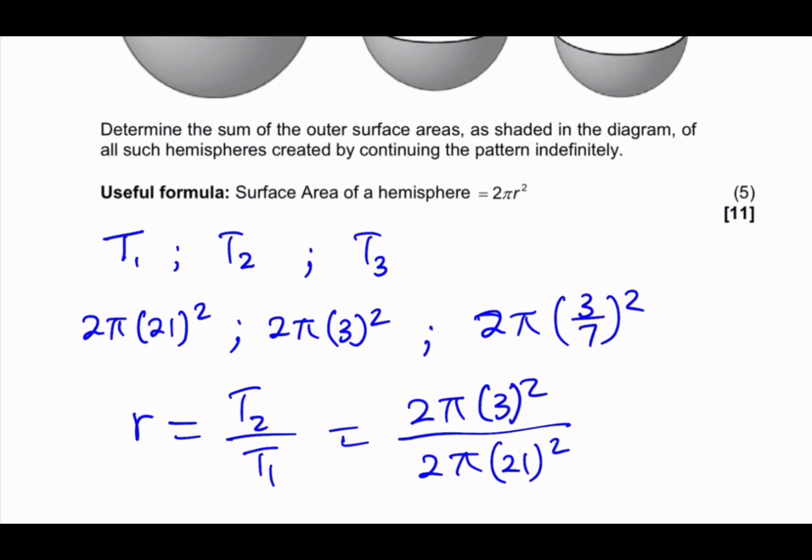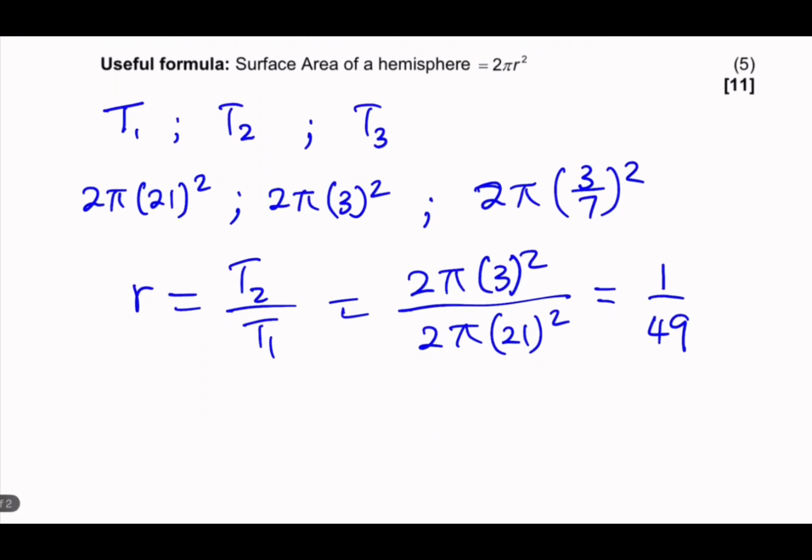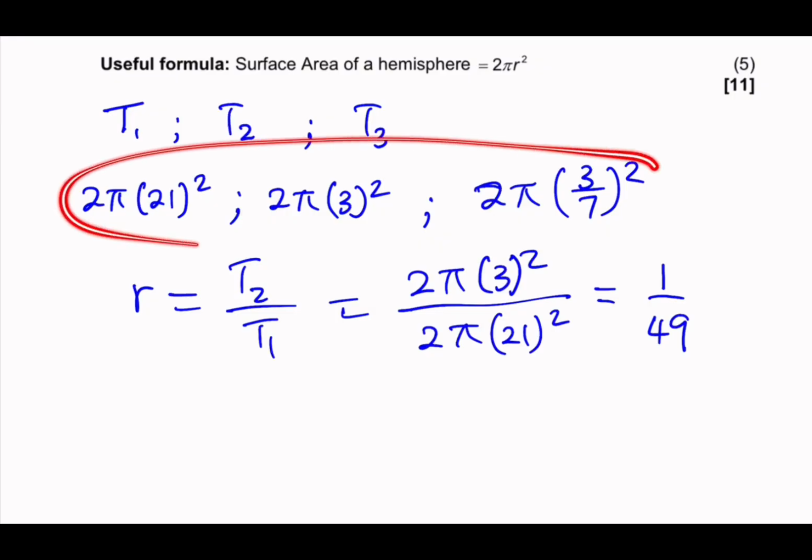The 2 pi's cancel each other, and the numbers simplify to 1 over 49. That becomes r, which is a very small r, and we can see it's between -1 and 1. So that means this series will indeed converge.